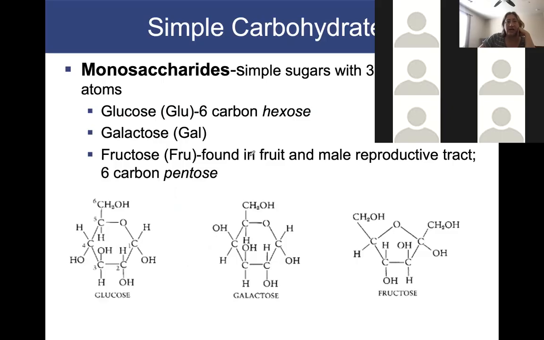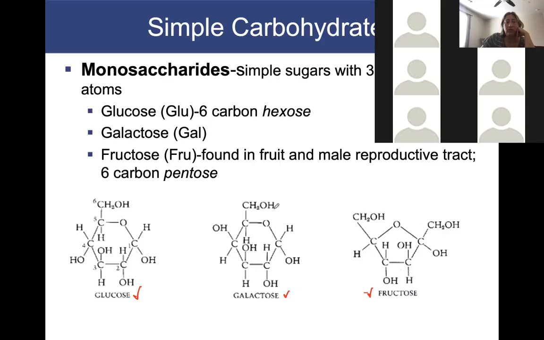Examples of monosaccharides. I would like you to know these examples of monosaccharides. So glucose is a monosaccharide. It's a 1-ring sugar. Galactose is another example of a monosaccharide. And fructose is a 5-ringed sugar. It has 6 carbons, but it's a 5-ring. So we call this a pentose.